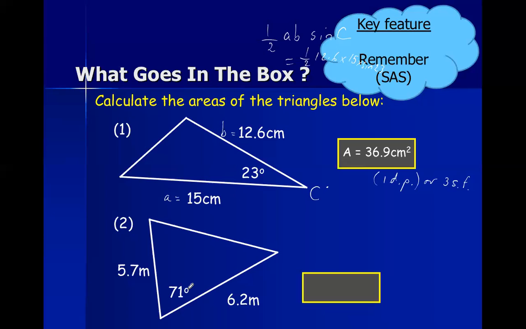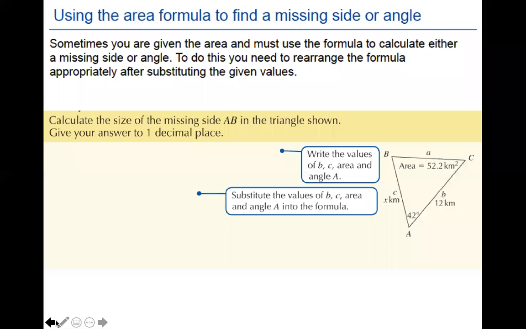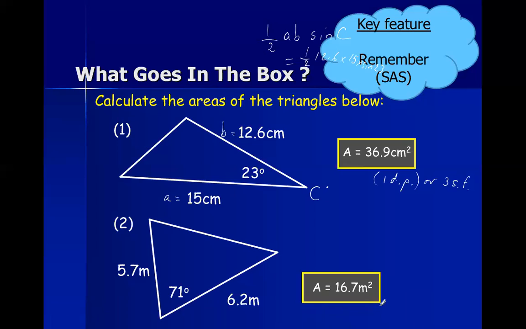So we should get 16.7. Yeah, 16.7, 1 decimal place. Okay, 16.7. So you've practiced it.